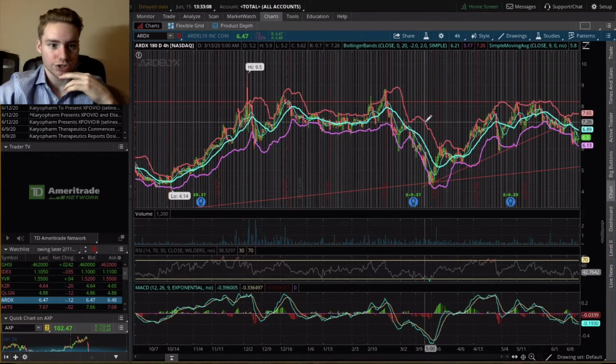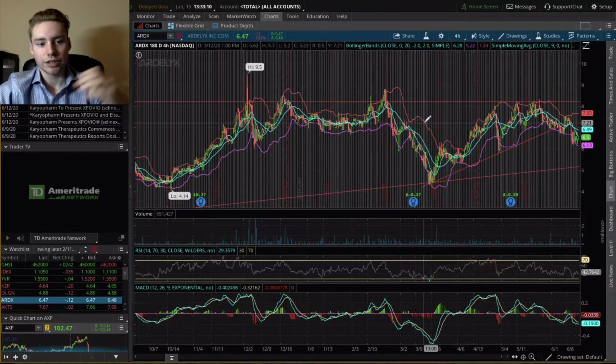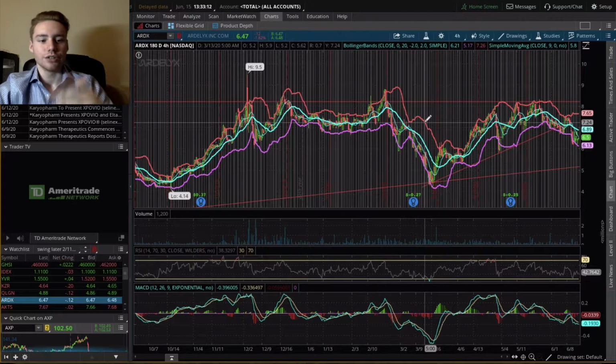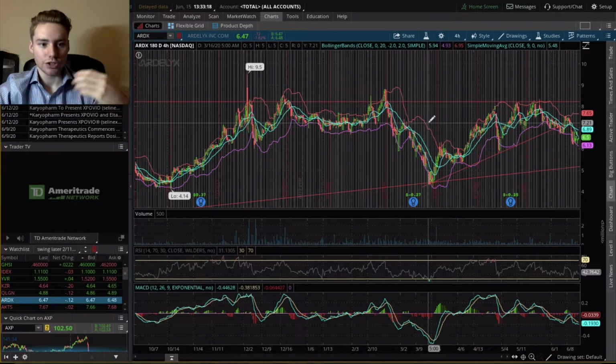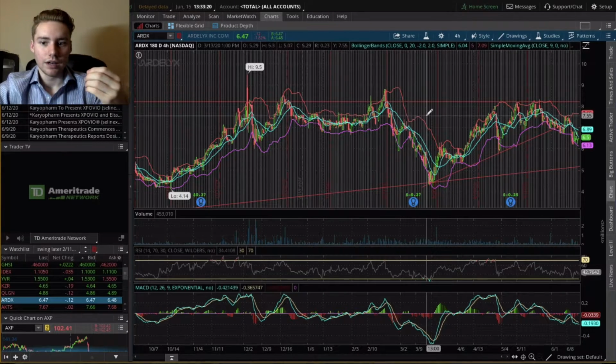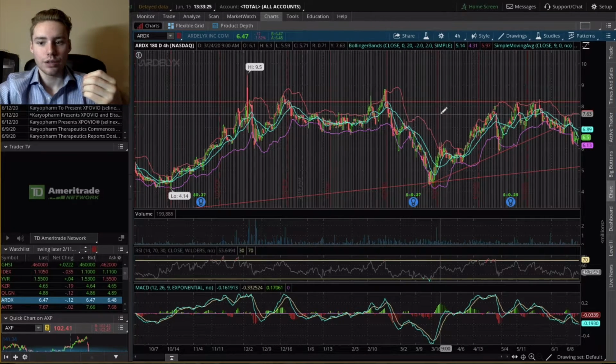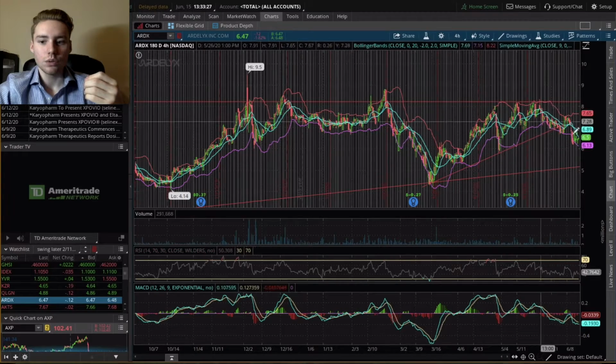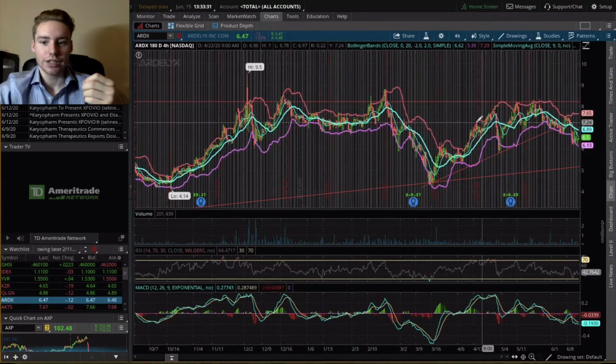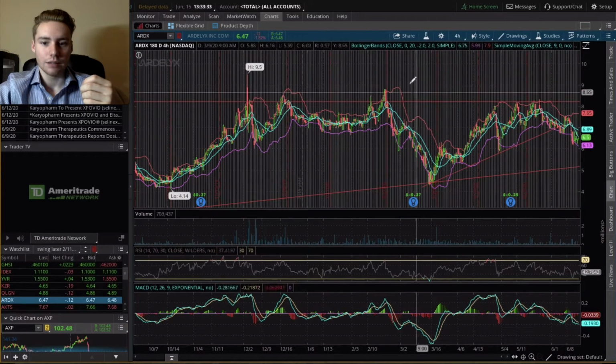Again, a triangle is just a triangle. Every single triangle has the same fundamentals. Some are typically considered to be more bullish, some more bearish, but again, a triangle is a triangle. At the end of the day, the fundamentals of these are the same. So a descending triangle would just be the opposite of this. It'd just be a falling price.